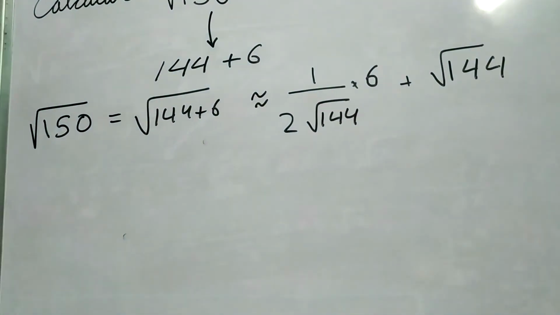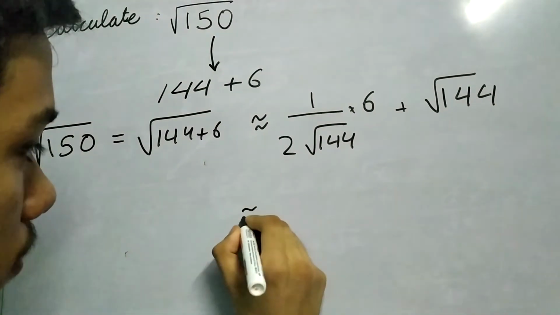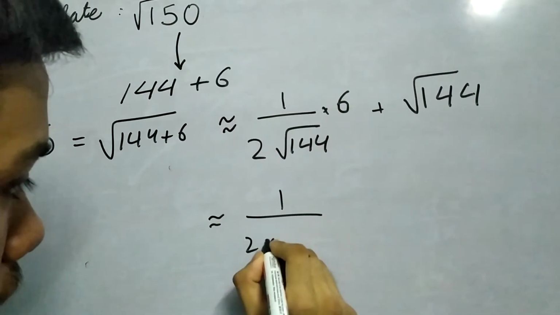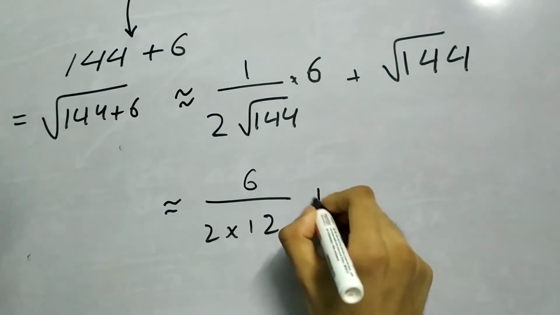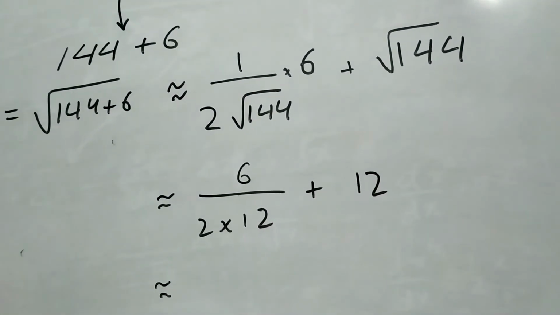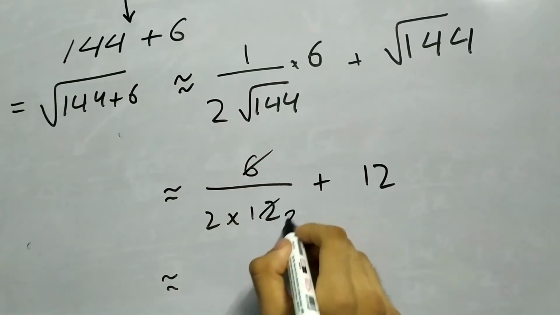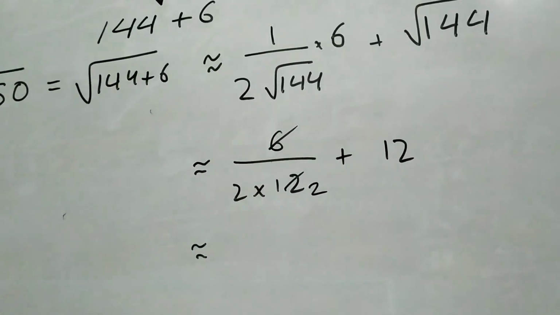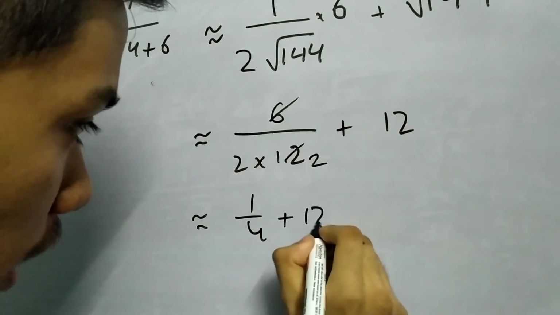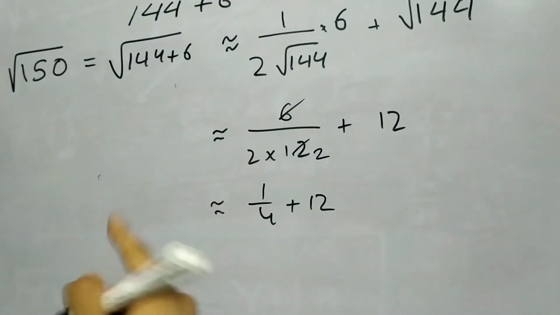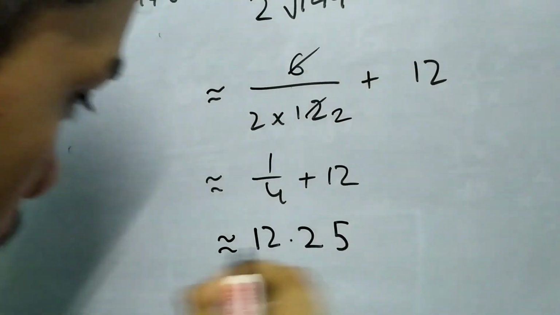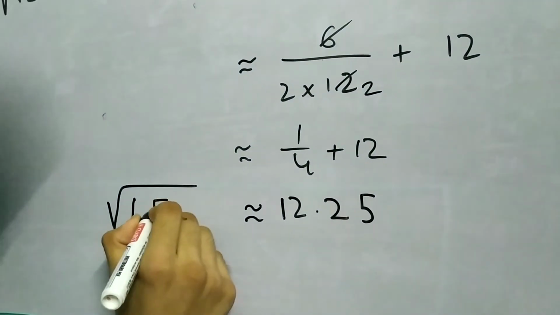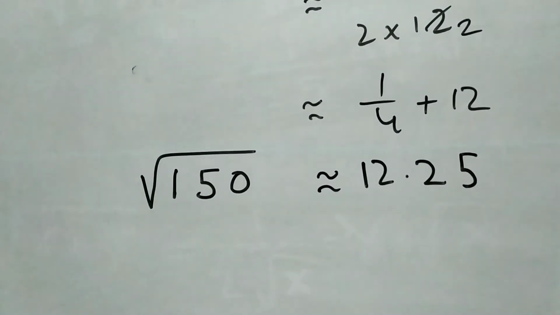Root 144 is 12, so you get 6 upon 2 into 12, plus 12. This cancels out, you get 1 by 4. 1 by 4 is 0.25, so you get approximately 12.25. Root 150 is roughly 12.25.